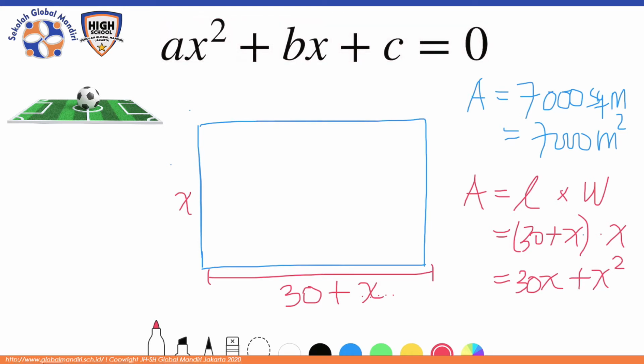And after that, we substitute the area, which is 7,000, into this equation. It will be 7,000 equals 30x plus x squared. And then we arrange them to become x squared plus 30x minus 7,000 equals 0. And now we have successfully converted the equation into the quadratic equation.